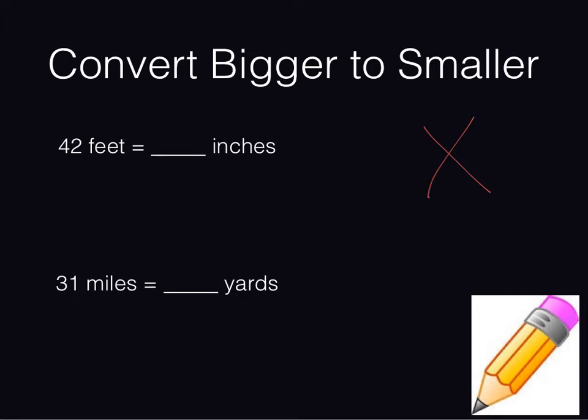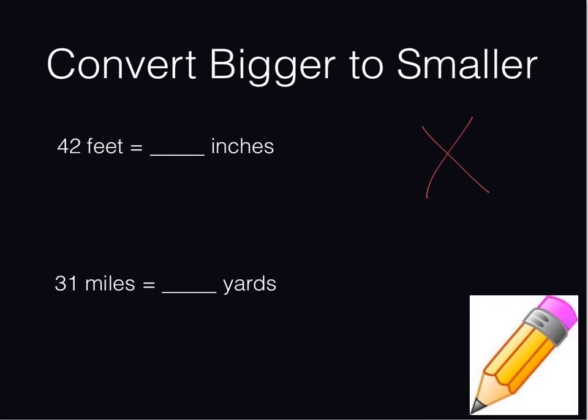The first thing I'm going to do is set up the problem. The way I like to set up my problems is by writing the actual conversion amount right underneath. Looking back at my conversion sheet, I know that 1 foot equals 12 inches.